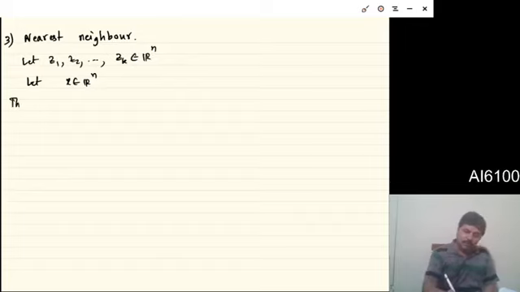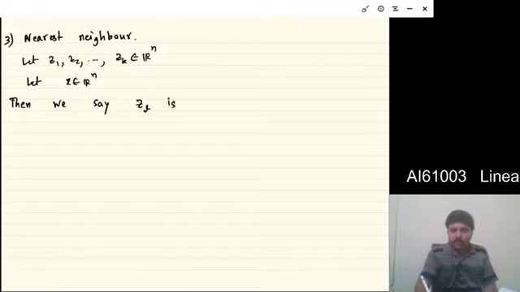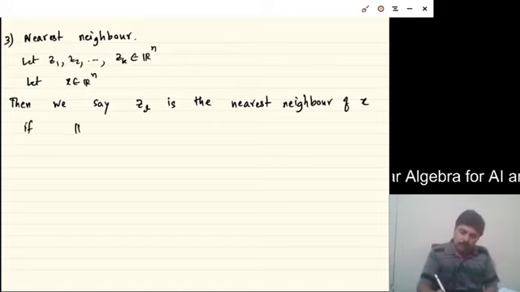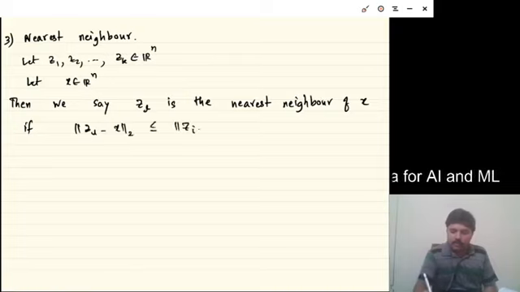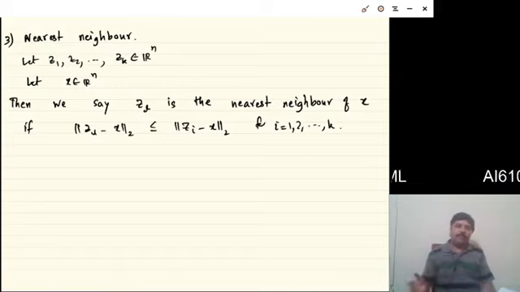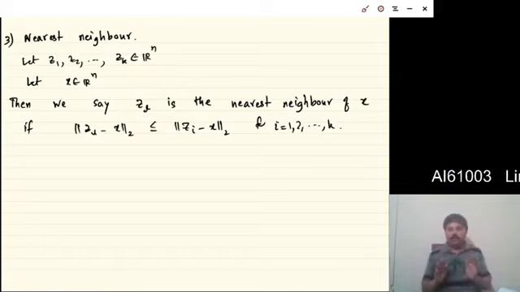Then we say zl is the nearest neighbor of x if norm of zl minus x is less than or equal to norm of zi minus x for i equal to 1 up to k. So out of these k vectors z1, z2, zk, you want to find the nearest neighbor to x. What is the vector which is nearest to x? That's what you want to find out, and it's pretty straightforward.